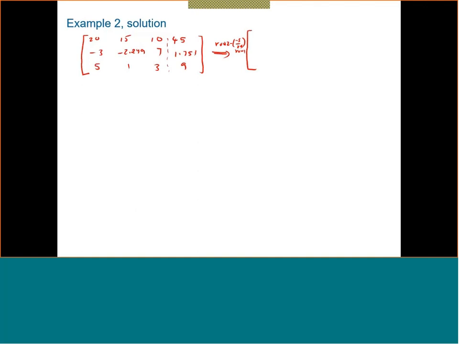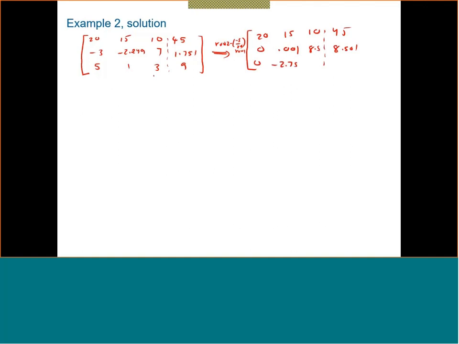So I multiply row 1 by minus 3 over 20, and then I subtract this from row 2. The first line will be the same, 45, and then I will have 0.001, 8.5, and 8.501, and here 0 minus 2.75.